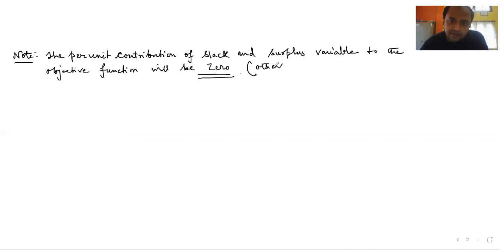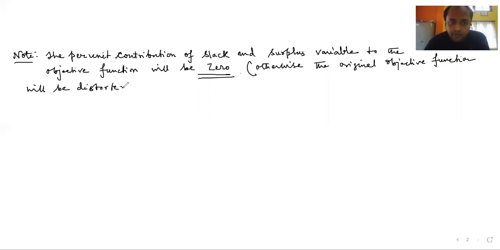Otherwise, if we do not do so, the original objective function will be distorted, and we do not want this. Okay, so we shall write the objective function as follows.